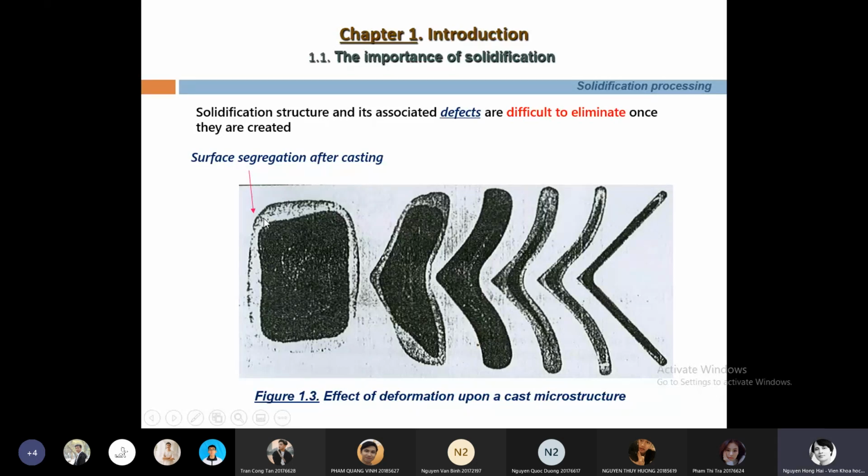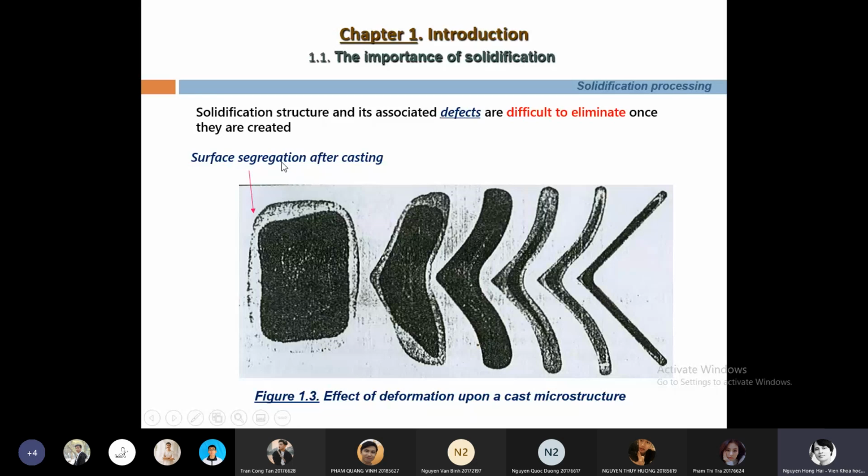Because here we have some other element than in the same. So it's a segregation, surface segregation. And it is after casting, and you have the defect as a segregation.